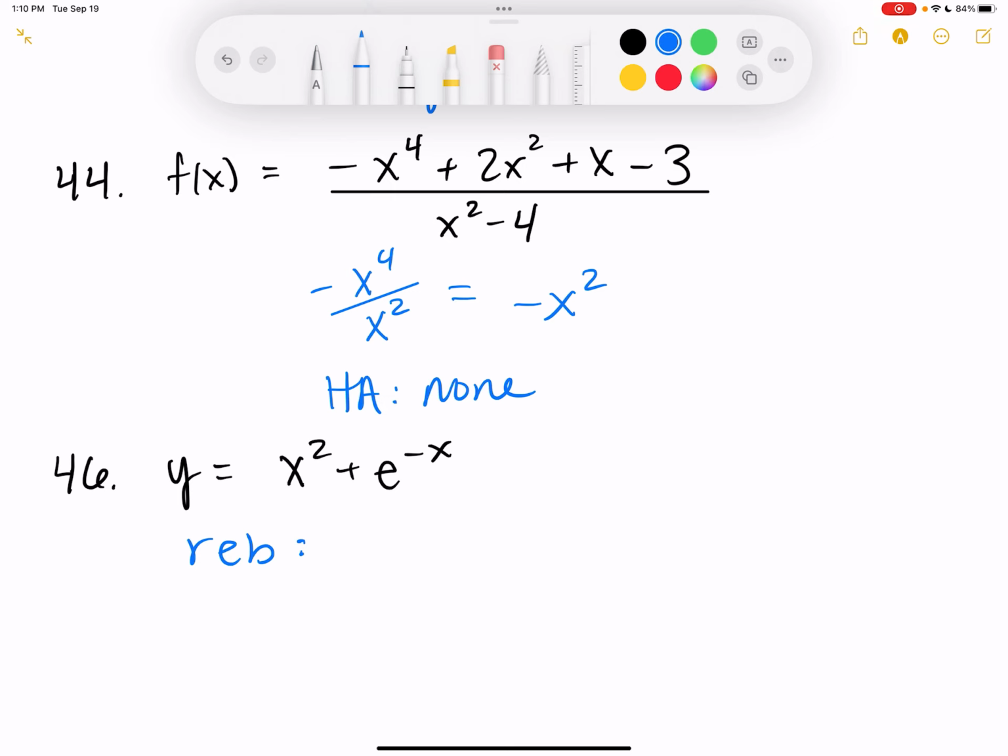So I would graph this. And we're doing left end behavior also.